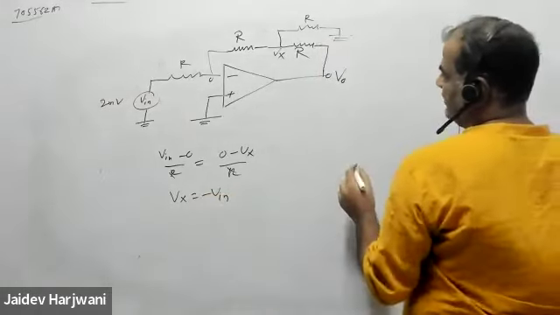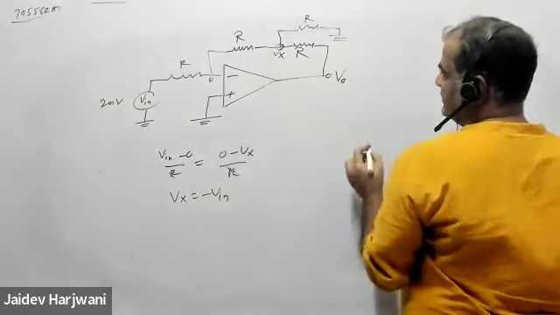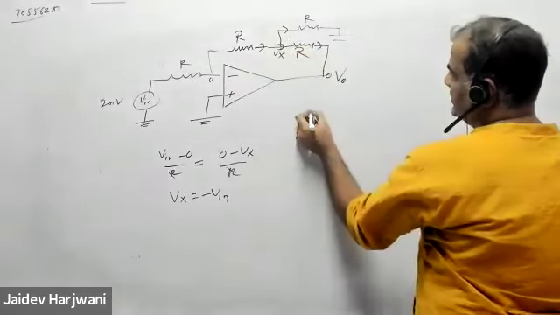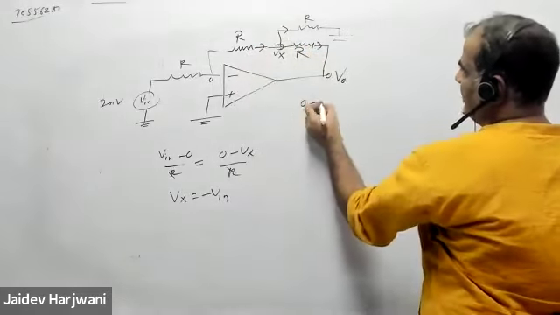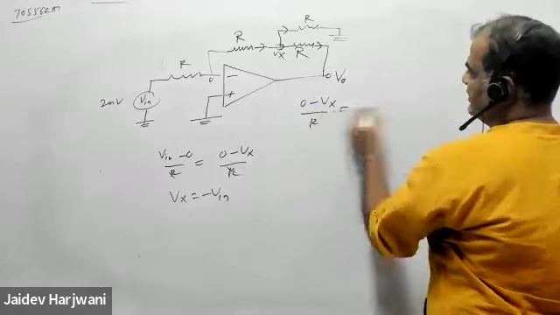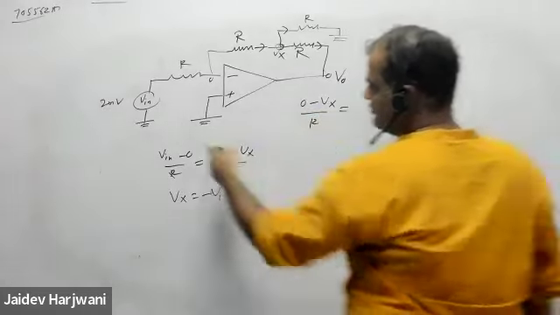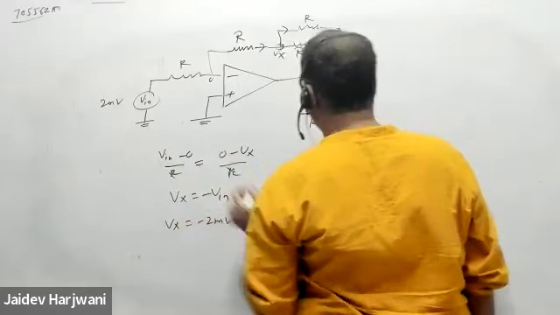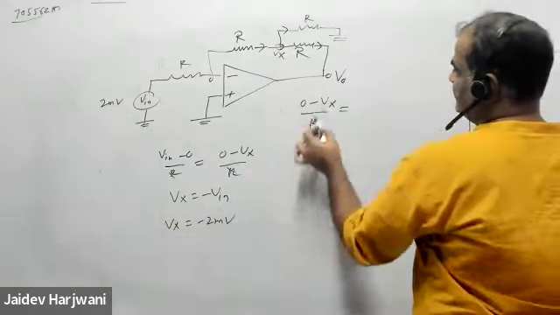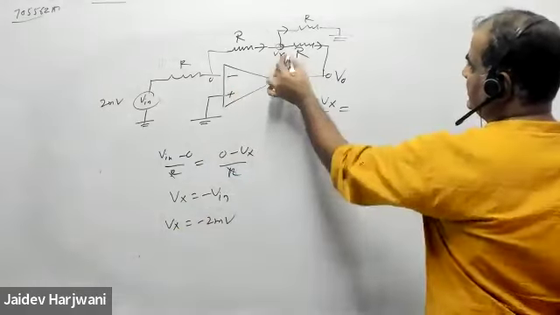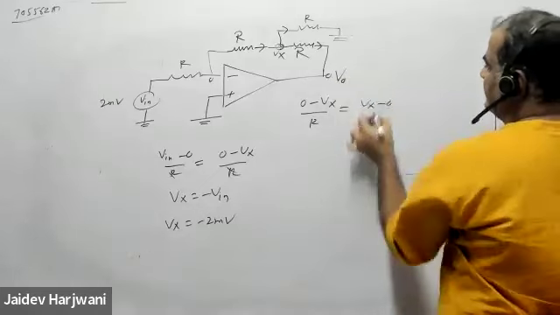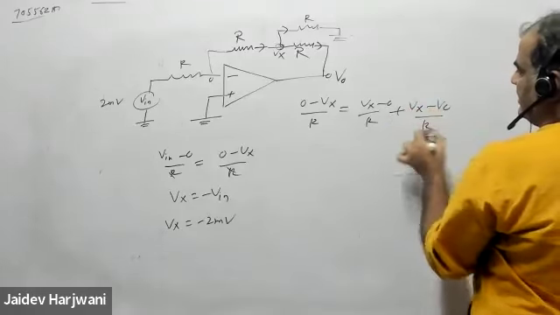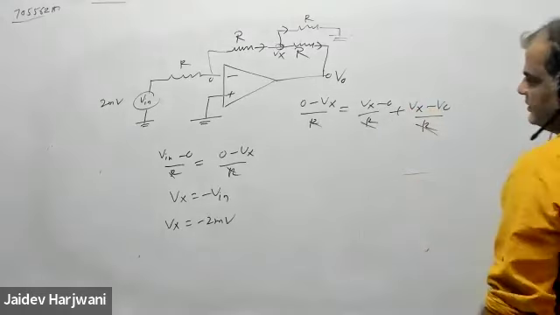And now I can write a nodal analysis here. So Vx, say this is incoming, this is outgoing. So incoming is 0 minus Vx upon R. And V input is what? 2 millivolt. So Vx is minus 2 millivolt. Directly you can write the equation here. So 0 minus Vx upon R equals Vx minus 0 upon R, and then Vx minus V naught upon R. R cancels.